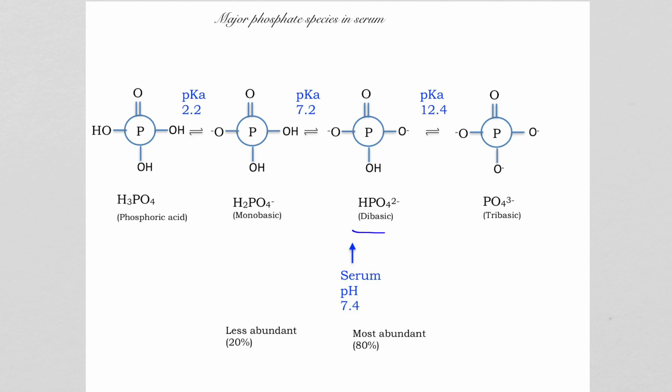So for serum, this is the most abundant, and this is the second most abundant. Now I should tell you, because we will be using pKs a lot in future videos, especially with proteins, it's very, very important to understand this process by which the acids lose their protons, lose their hydrogens.